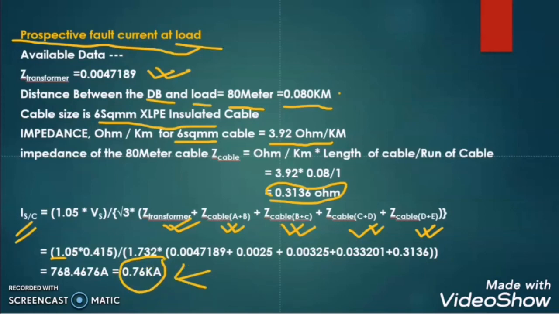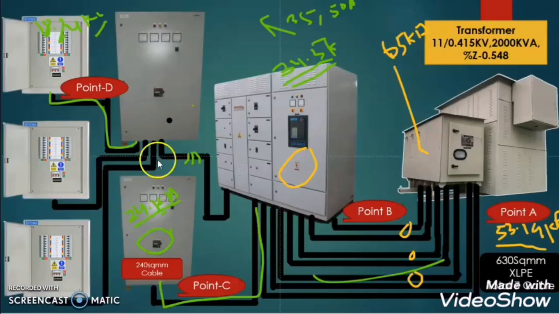Here I want to highlight one important point. Suppose this final distribution board does not have 50 square mm cable size, it is something else, maybe 25 or 35 square mm cable, and the distance of this final distribution board from the sub main distribution board is different from this final distribution board.